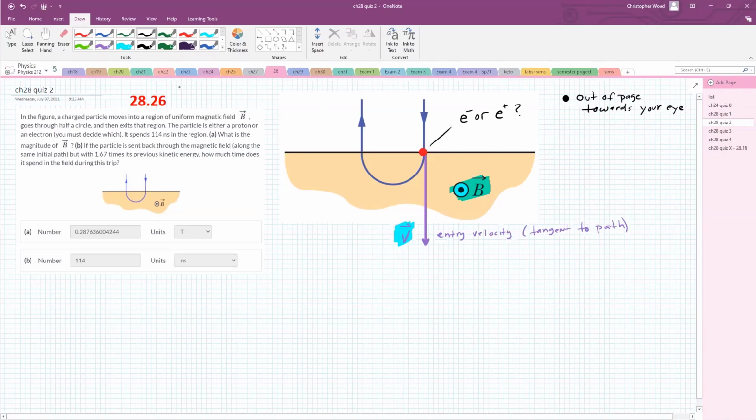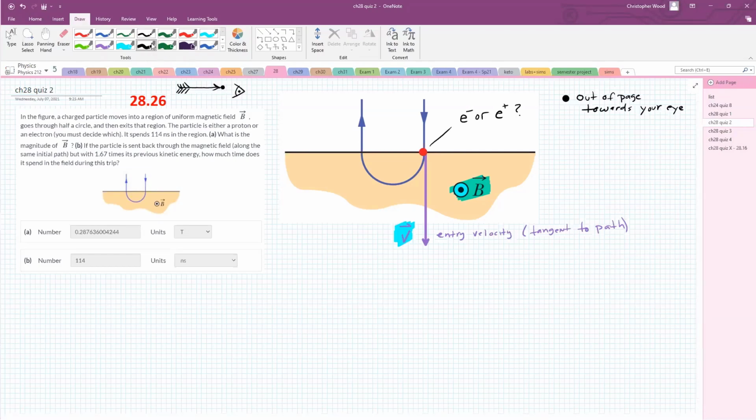Here's an arrow that somebody shoots towards my eye. Sounds kind of gruesome. So if I'm looking at this arrow coming straight towards me, I'm going to see it as a dot, just the tip of the arrow.